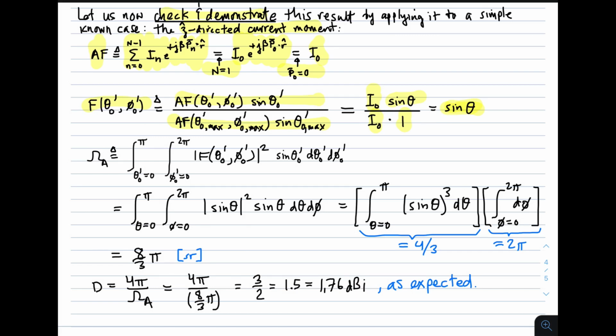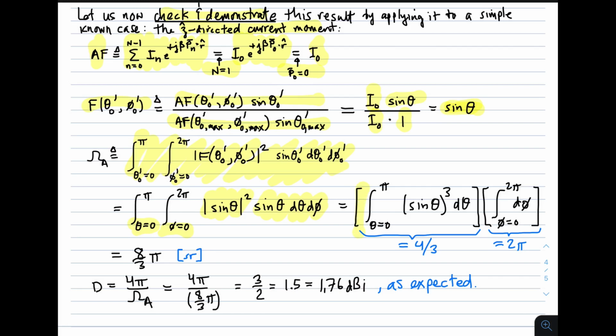The beam solid angle, in general, is given by this expression, and making the substitution here, first note that we might as well do this in the unprimed coordinate system. Magnitude of the normalized pattern function, sin θ dθ dφ. We can factor this into two integrals.